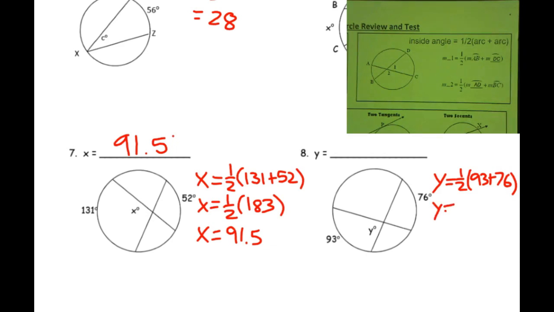So y equals 1/2. 93 plus 76 is 169. And then half of that is 84.5. If you get a fraction, you can always hit Control-Enter and get that decimal. Alright. Next.